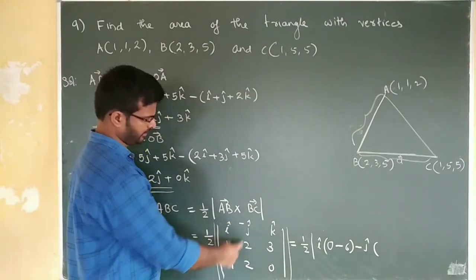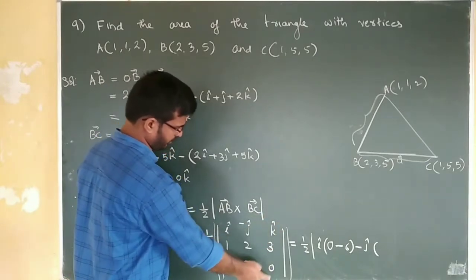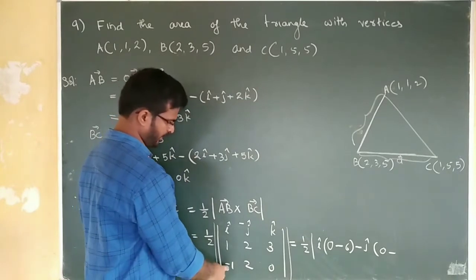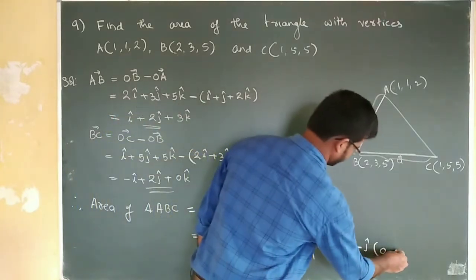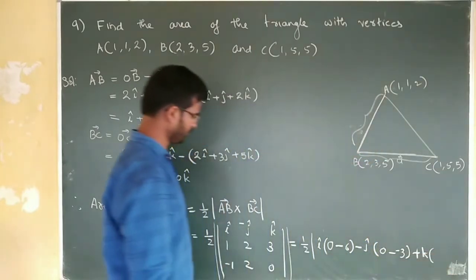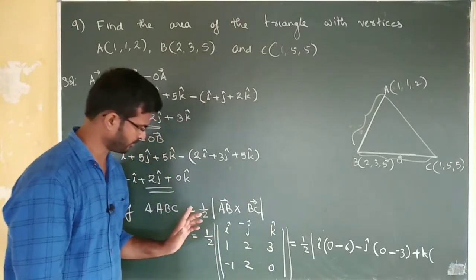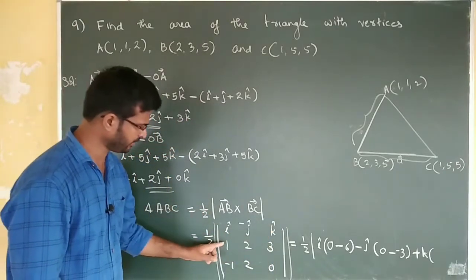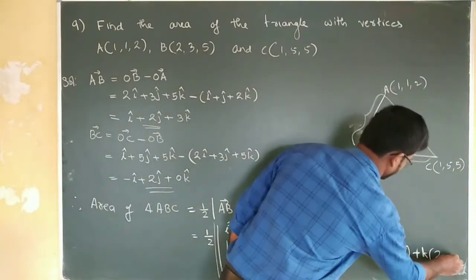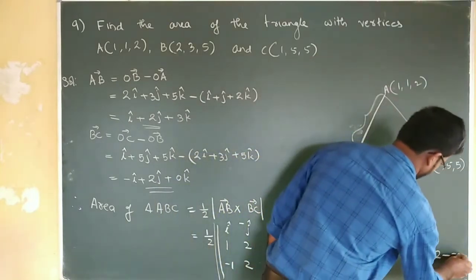Minus j, leaving the second column on the first row, 1 into 0 is 0, minus 1 into 3 is minus 3, plus k into the third column on the first row, we consider the remaining: 1 into 2 is 2, minus 1 into 2 is minus 2.